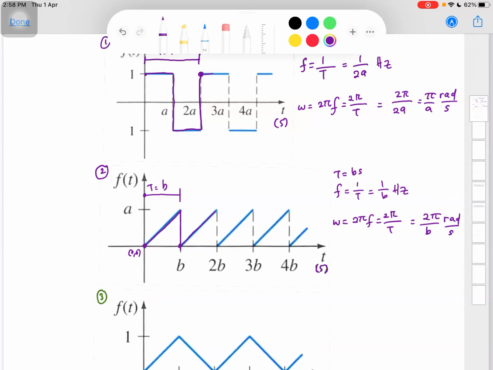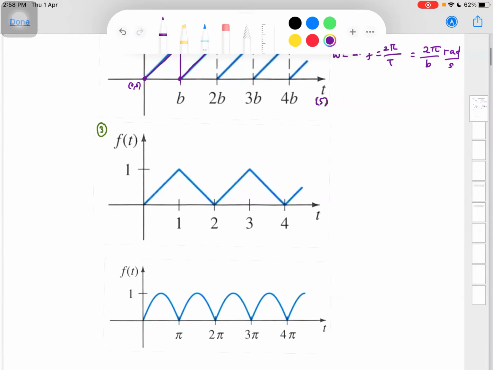radian per second. For the next one, this is a triangular signal. Again, let's say we start from point 0, 0. If we follow this graph, it goes up and then it goes down, and then from this point, t equals 2, if I go up again, I'm going to repeat the same pattern. So from t equals 0 until t equals 2 is the fundamental period, so T equals 2 seconds.